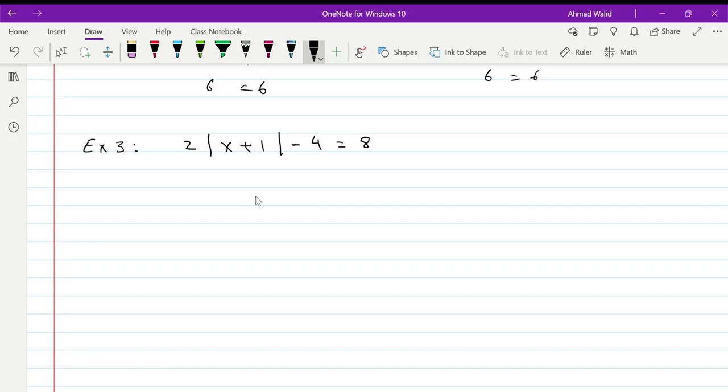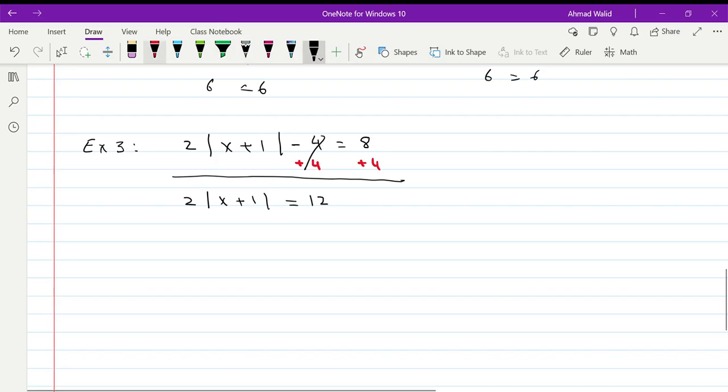I told you, when you see numbers outside of the absolute value, first move them one by one to the right side of your equation. In this problem, first I'll add 4 to both sides. Then 2 absolute value of x plus 1 equals 8 plus 4, which gives you 12.